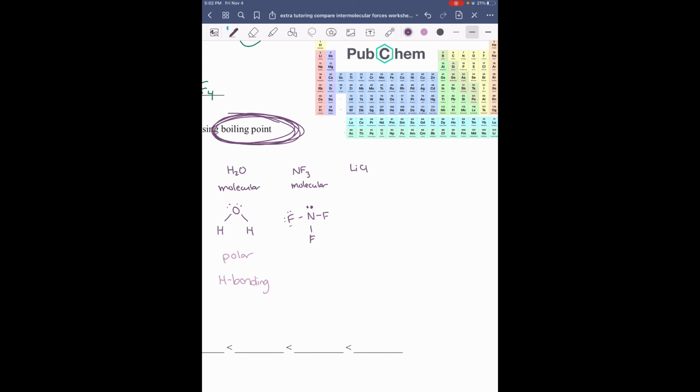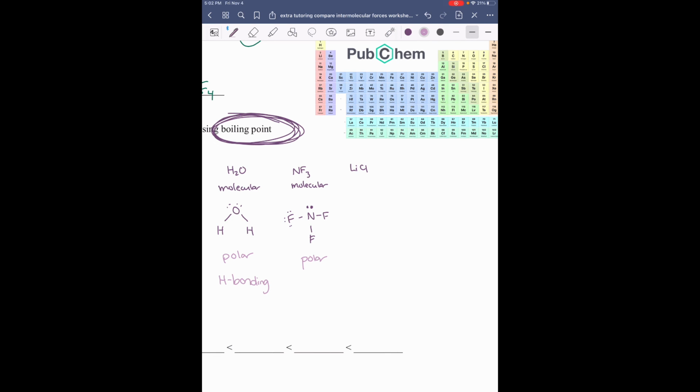You could throw all the lone pairs on fluorines if you want. Is this polar or non-polar? Polar, we got the lone pair on the central atom. Is this hydrogen bonding because it's a freak of nature? We got F and N? No, not hydrogen bonding because there's no hydrogen. So this is just polar, not hydrogen bonding.